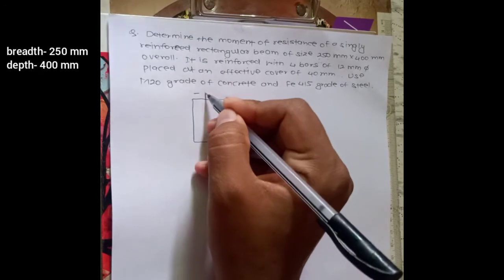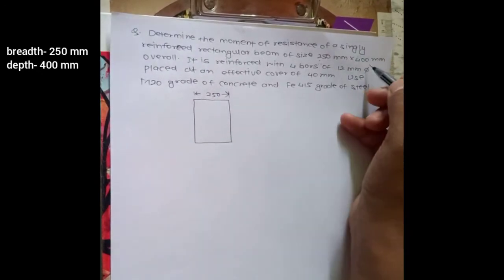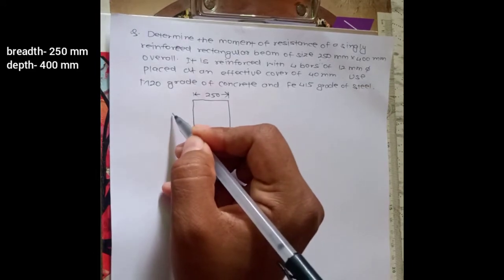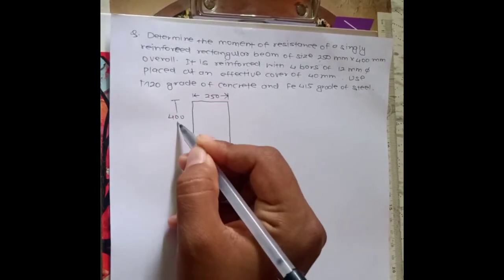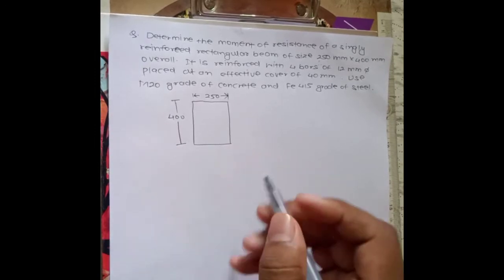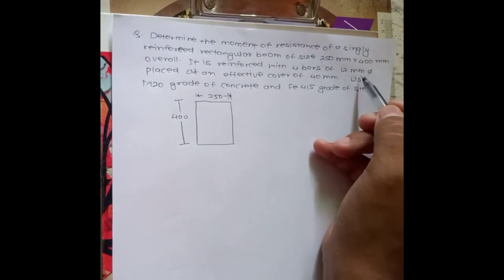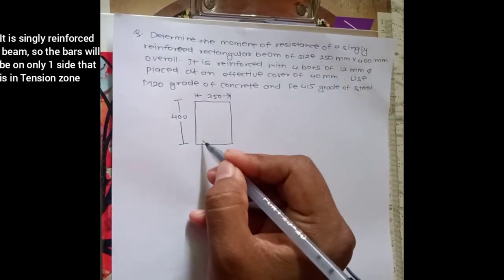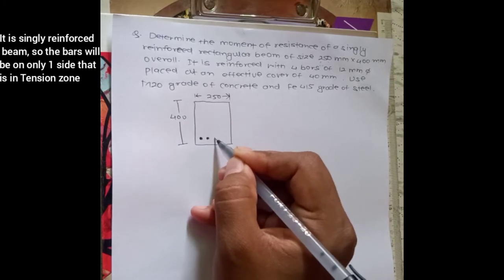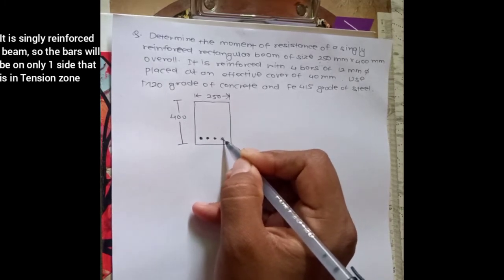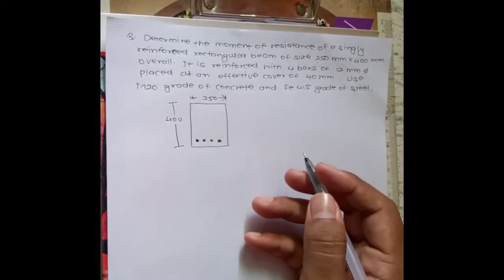So this is 250 mm and this is the depth. And then we have 4 bars of 12 mm diameter. So let's draw. These are all of 12 mm.